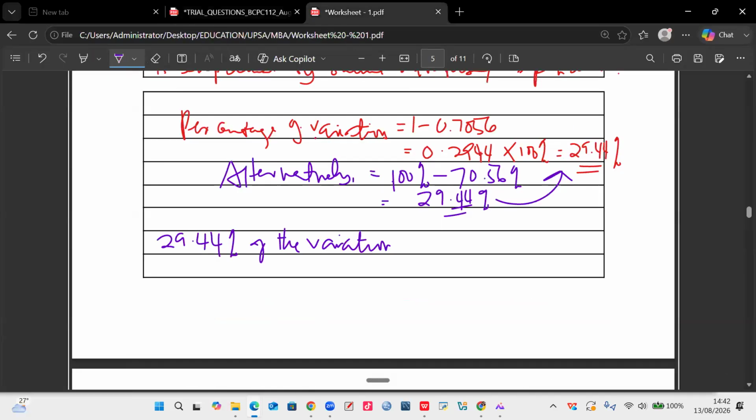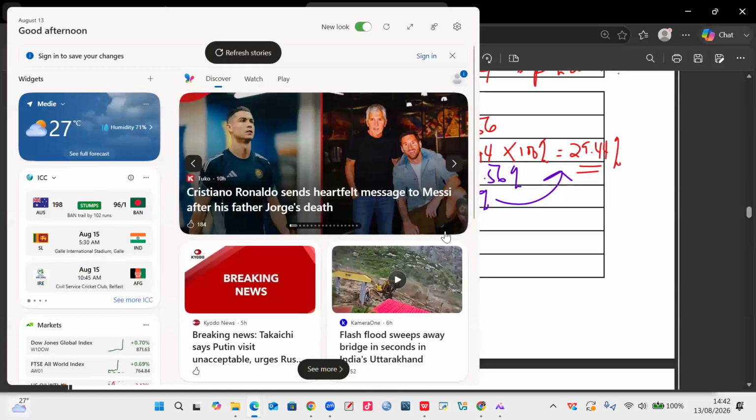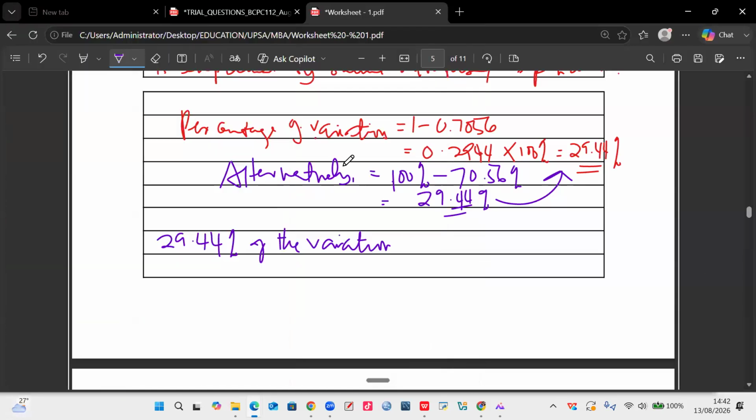Are you getting it? 29% of the variation in weekly hotel bookings is not explained by online advertising expenditure.